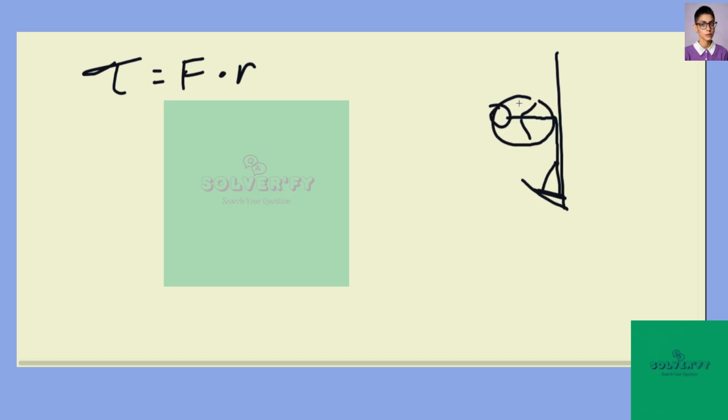So let's just say somebody had a lot of weight on their shoulders, or let's just imagine a mass around their neck, right? That is some distance from the axis of rotation. That's our R right there. And in this case, we're talking about just the weight, so it's mg.